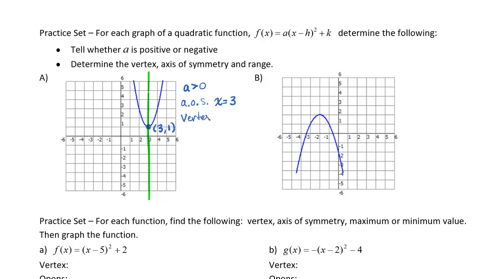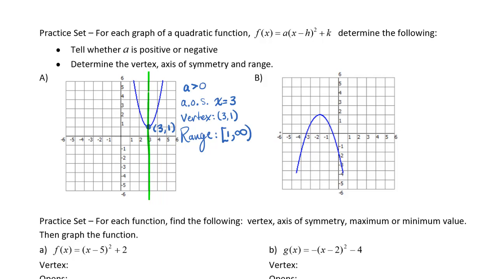Vertex is at 3, 1, and the range is from the minimum upwards. You always go from the vertex toward the direction the function is opening. So we include the minimum, which is at 1 in the y direction, and it approaches in the range positive infinity, since the function is opening upwards.